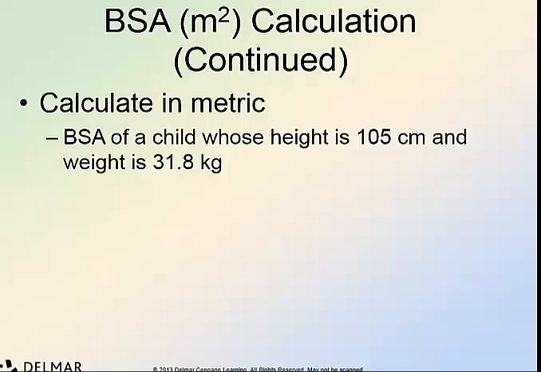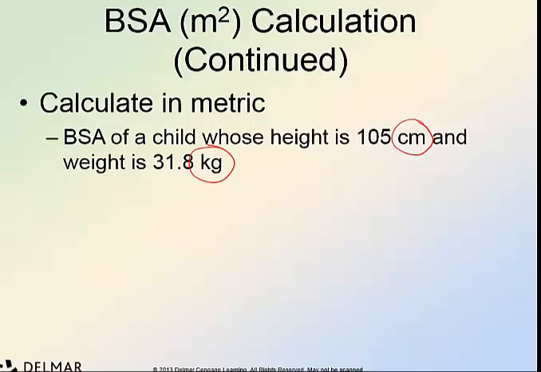So, let's get practice. Calculate the body surface area of a child whose height is 105 centimeters and weight is 31.8 kilograms. You notice that our measurements for height and weight are given in the metric system.